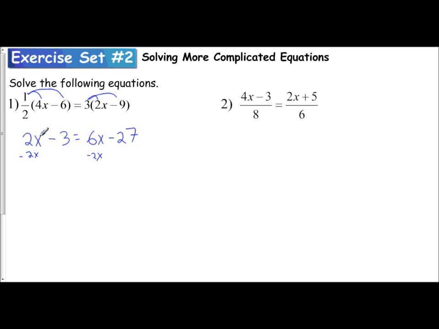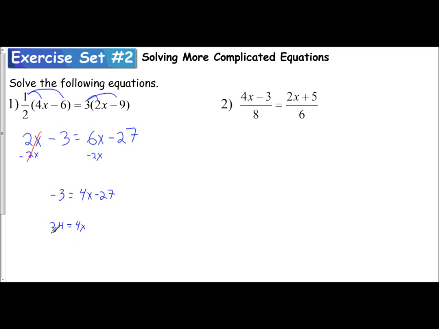And so 2x minus 2x cancels. I'm left with -3 equals 4x minus 27. And then I would add 27 to both sides and get 24 equals 4x.